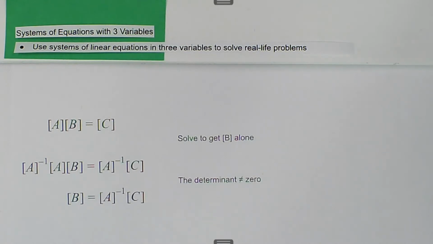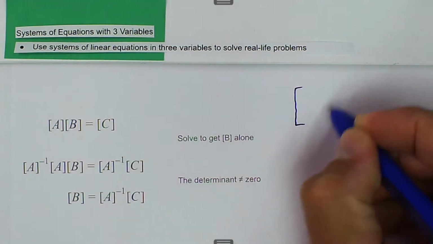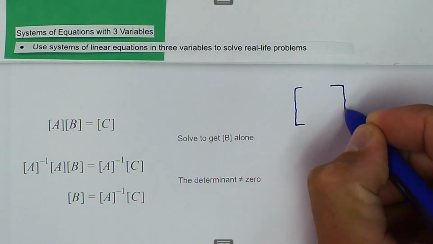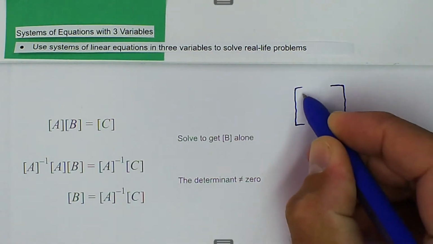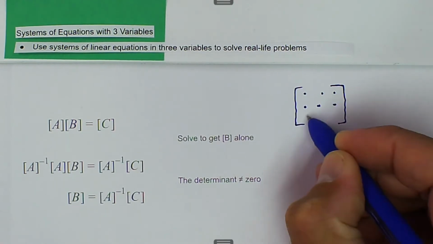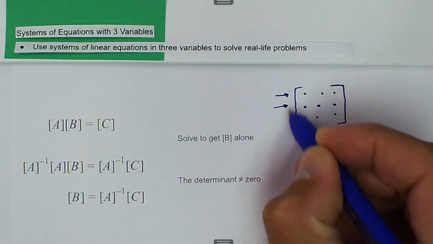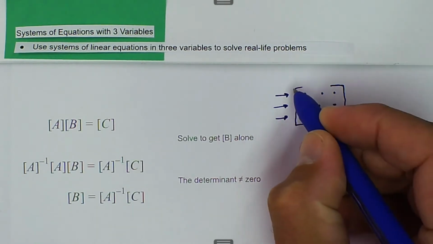So for those of us that haven't really done a lot with matrices, a matrix is a group of numbers where it has identified rows, which go up and down here. So you count the rows this way.